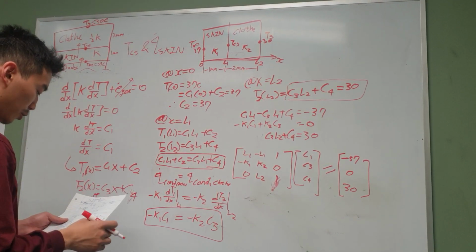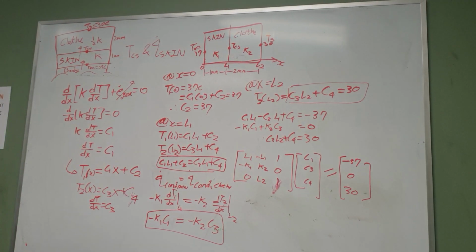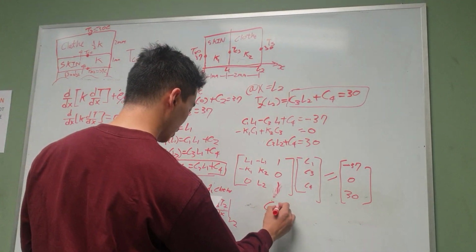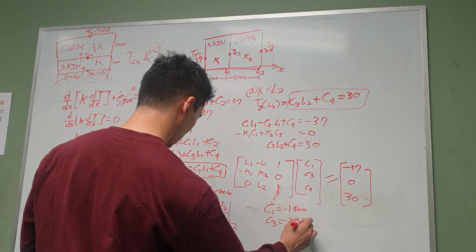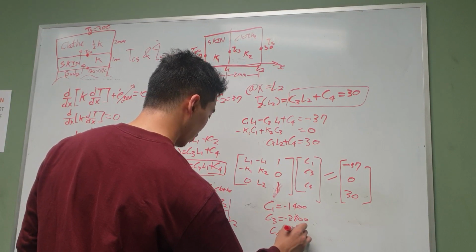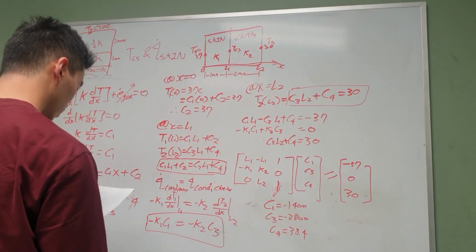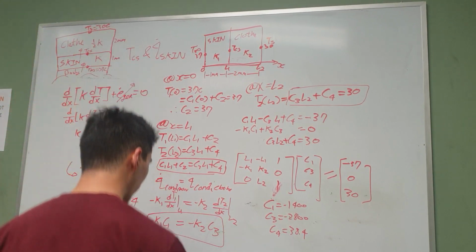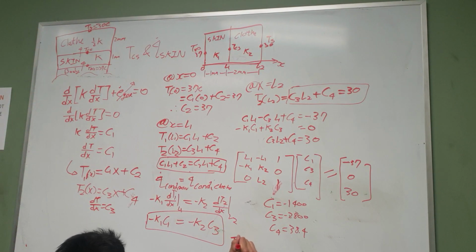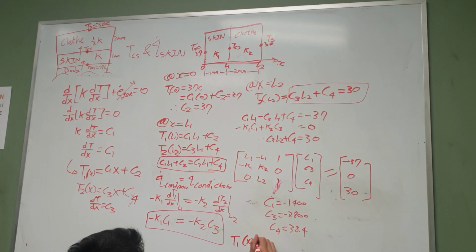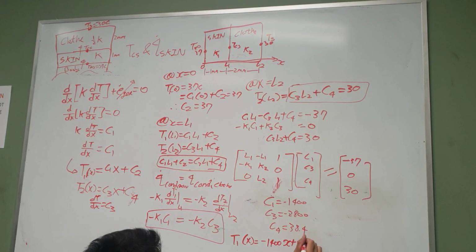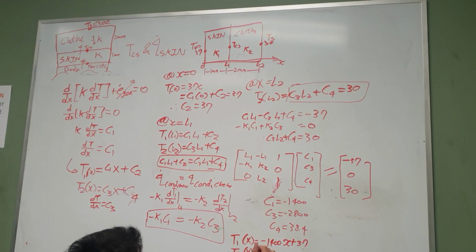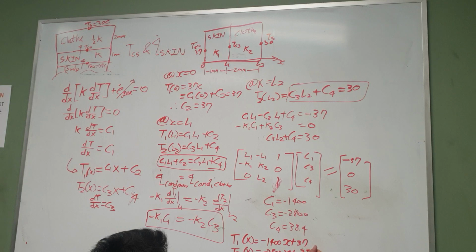If you plug it into a calculator, you get C1 negative 1400, C3 negative 2800, C4 38.4. This gives us that T1(x) is equal to negative 1400 x plus 37, and T2(x) is equal to negative 2800 x plus 38.4.